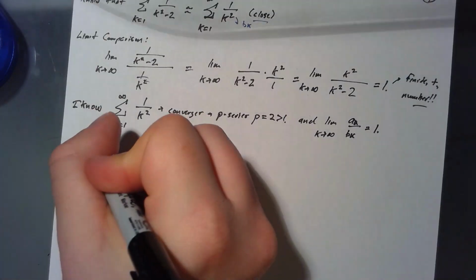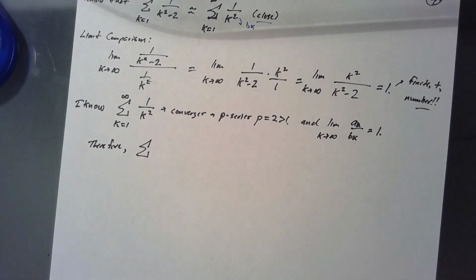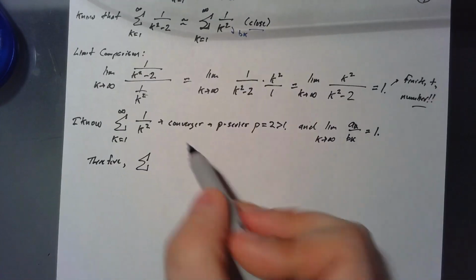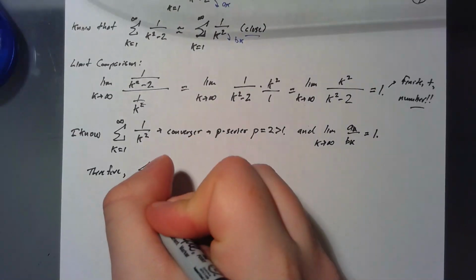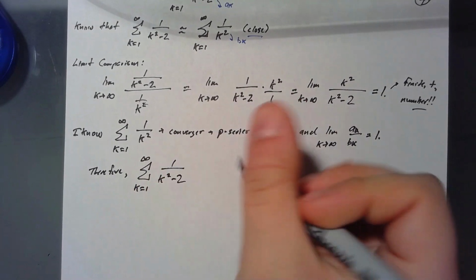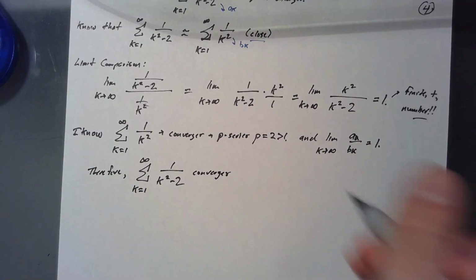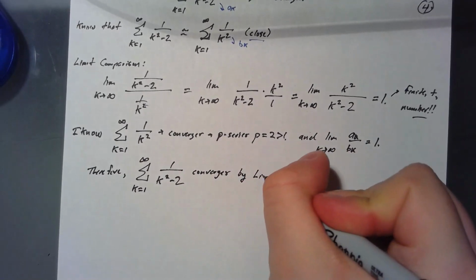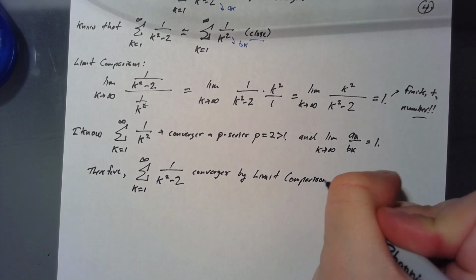So since I get a finite positive number for that ratio, I know that the series behave the same way. So since this one converges, the series I started with also converges by limit comparison.